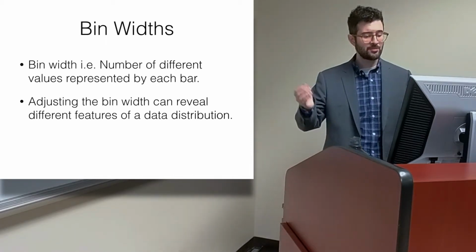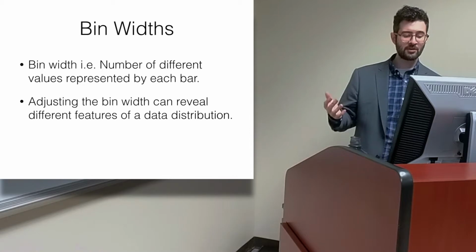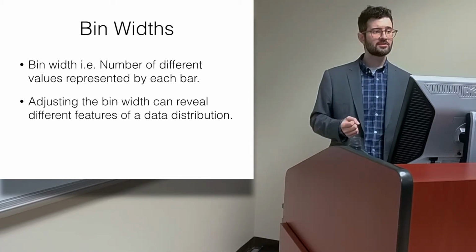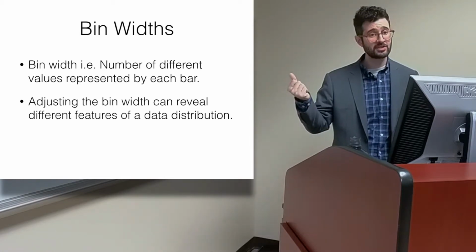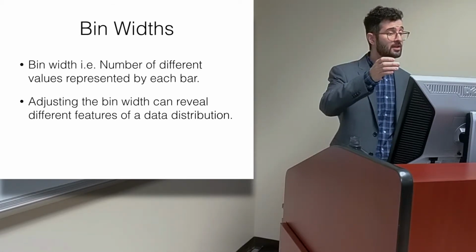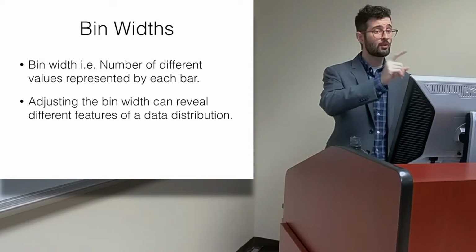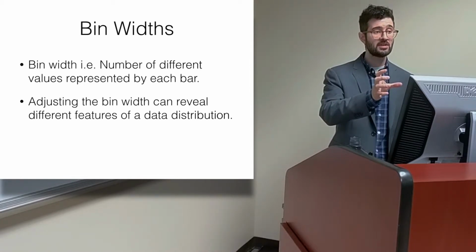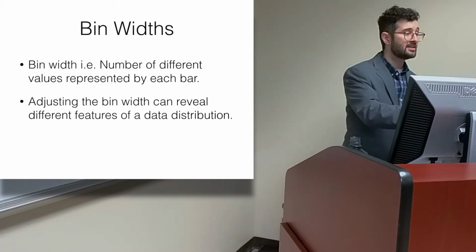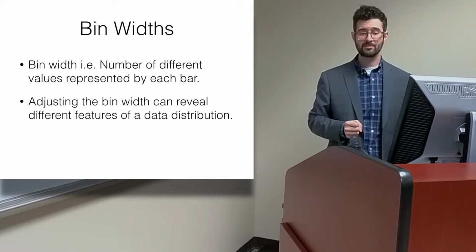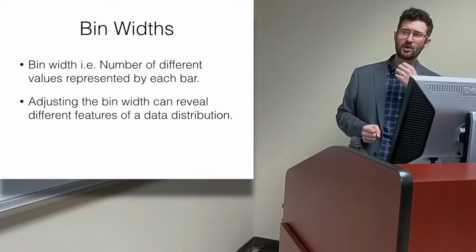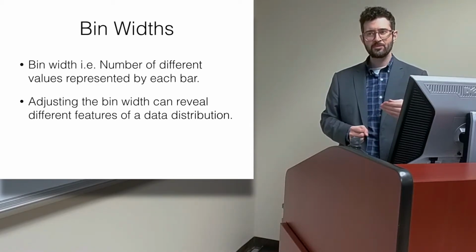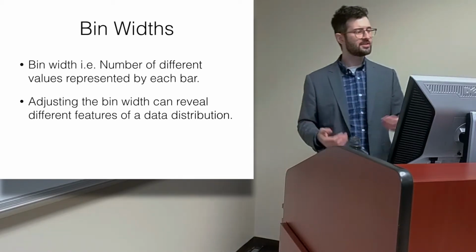A bin width is the number of different values represented by each bar. In the histogram we just looked at, every bar represented one value. But we could construct a new bar that represents all the values in, say, the first and the second bars. We talk about bin widths because by adjusting them, we can reveal different features in the distribution of our data.